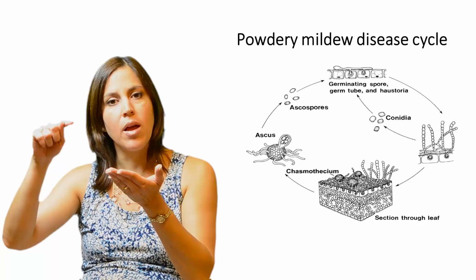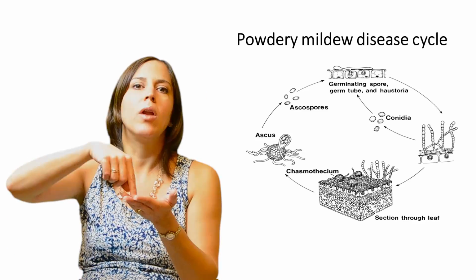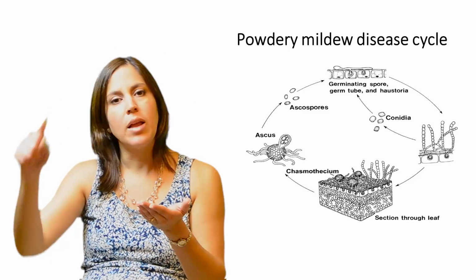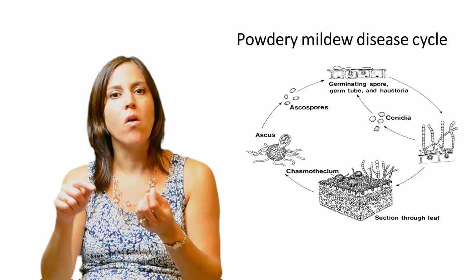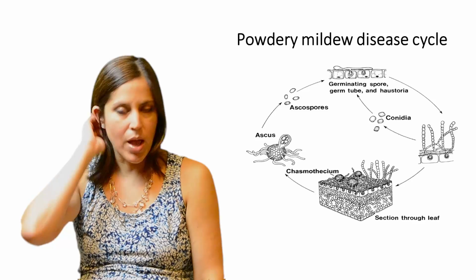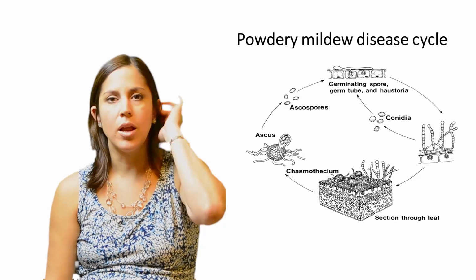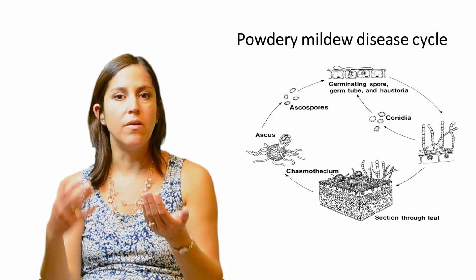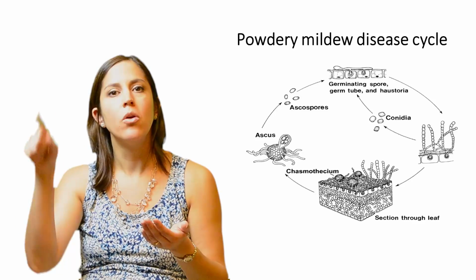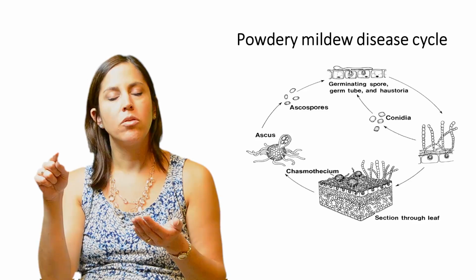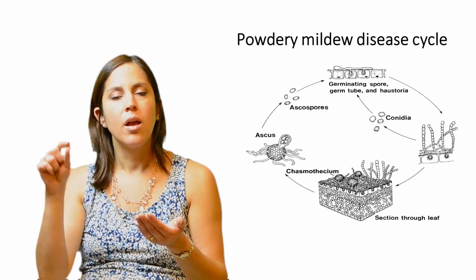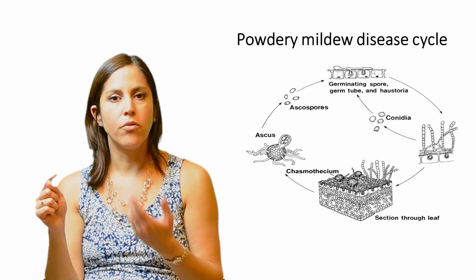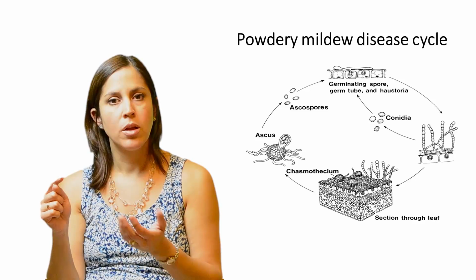The conidia then go and infect new tissue, and that's the secondary inoculum, producing what we have discussed previously in other classes, a polycyclic disease. It continues going on and on during the whole season with the production of the conidia, which are the asexual spores.